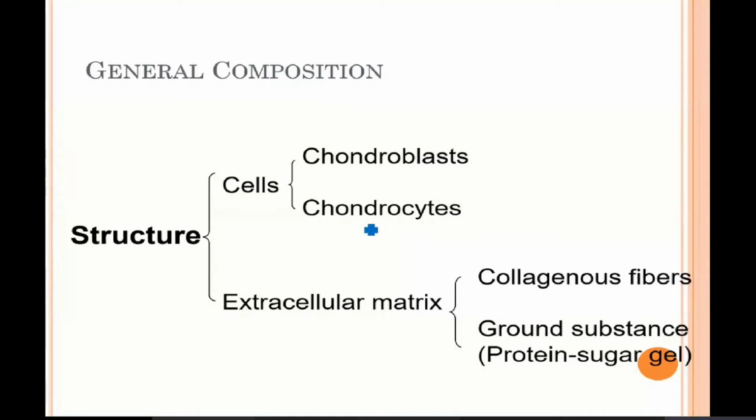Chondrocytes are mature cells which are responsible for the general repair and maintenance of the cartilage. Whereas the extracellular matrix we just discussed consists of protein fibers, collagenous fibers and elastin fibers, embedded within the protein sugar gel base, which is called the ground substance.